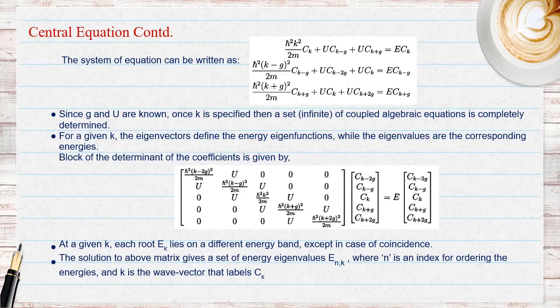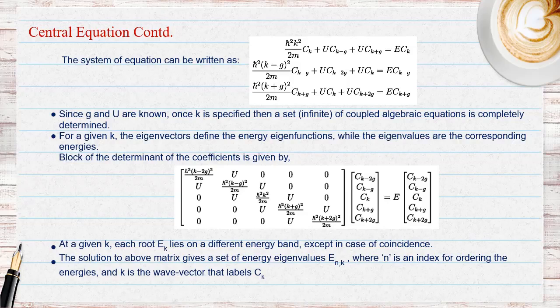Actually there is also an infinite number of coefficients, so the full matrix will be an infinite one, but in order to solve this, we truncate after five rows. So we are only considering five rows, and the terms after this will be truncated.